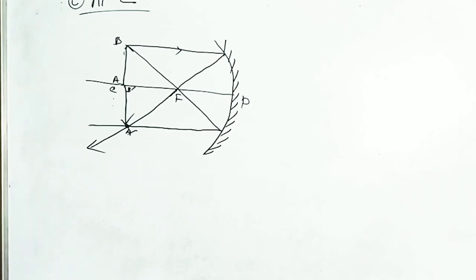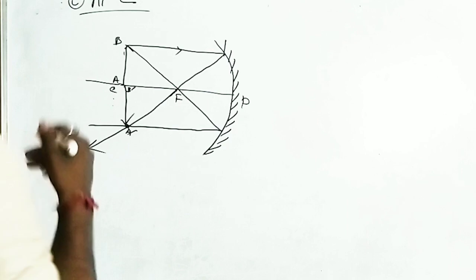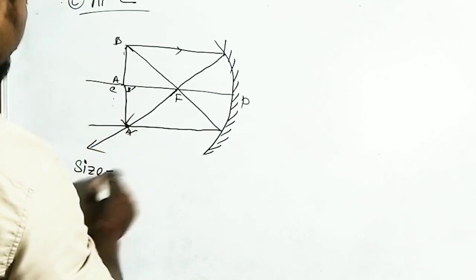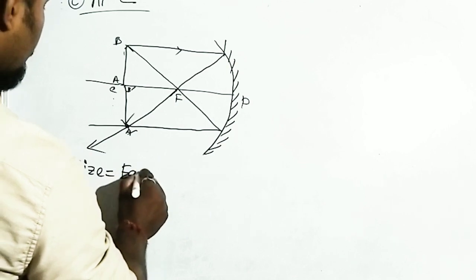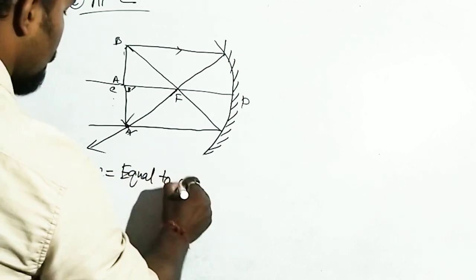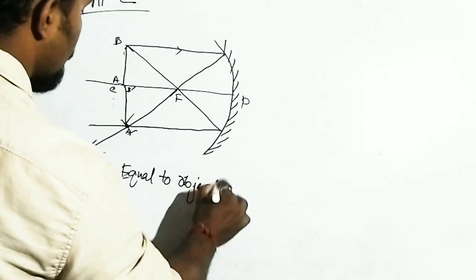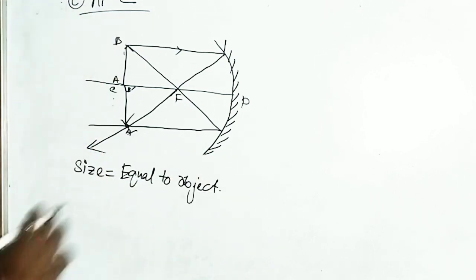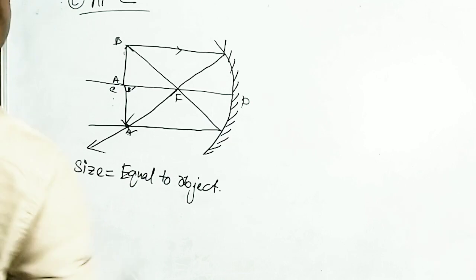Now from this figure what you can observe is that the size is going to be equal to the object. Look closely at the figure, they look similar. Okay, size is equal. Now nature.